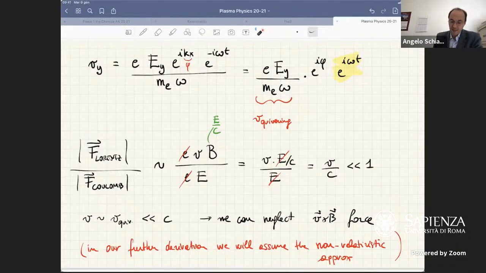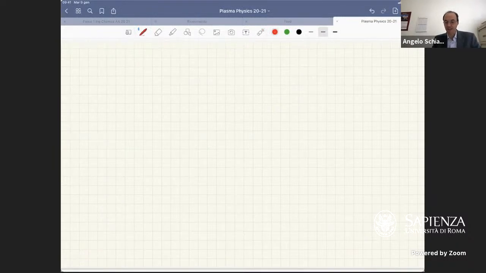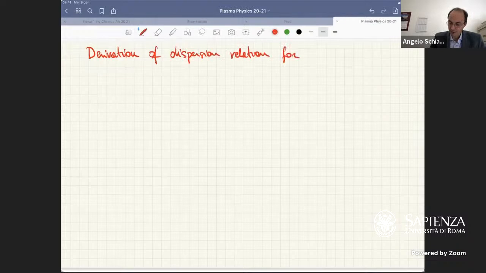So let's come to the derivation of the dispersion relation for electromagnetic, which can be shortened as EM, waves in plasma.